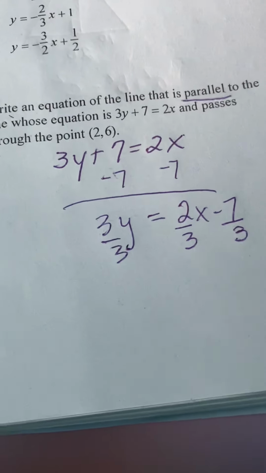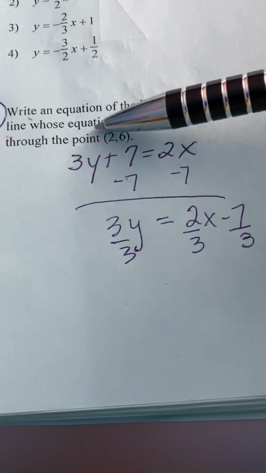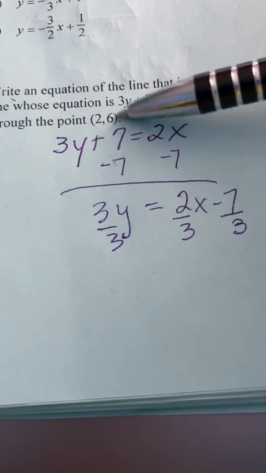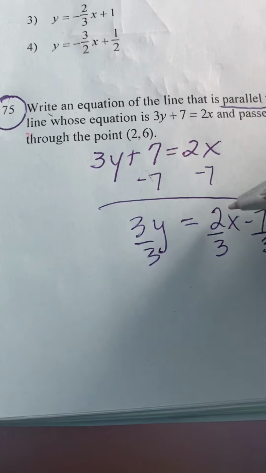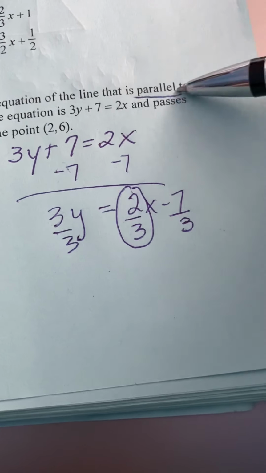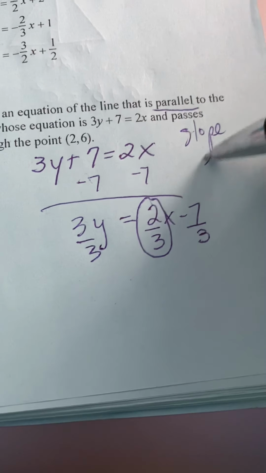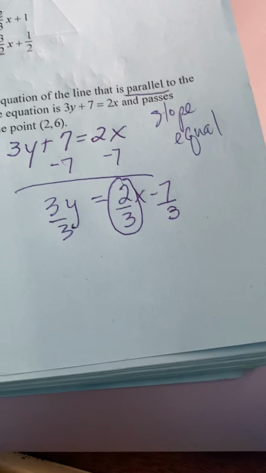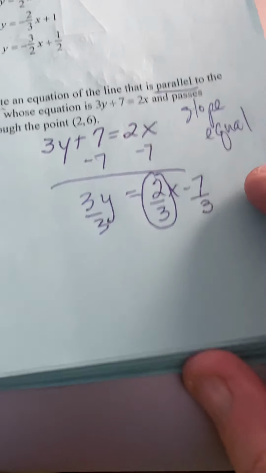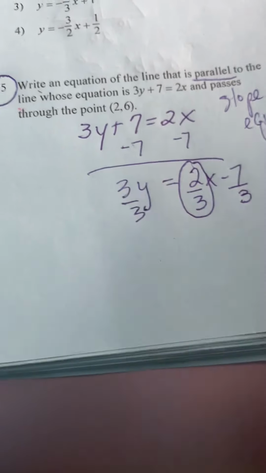Okay, so the only thing that I need from this equation, because I'm going to write a new one using this point here, is this guy right here. I need the slope of 2/3 because I want it to be parallel. So the slope is equal. So my new equation is going to be this slope, and I'm going to use this point right here.